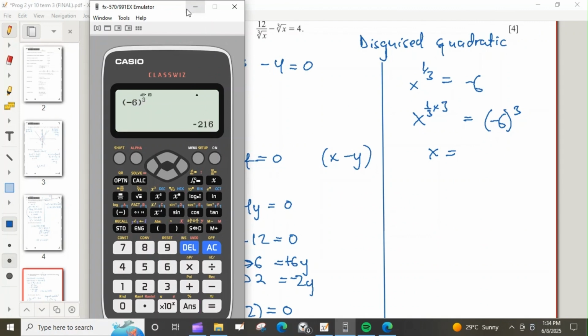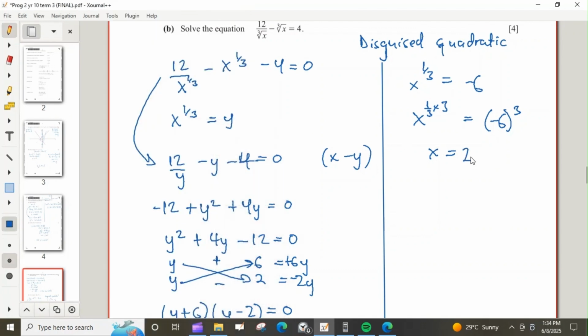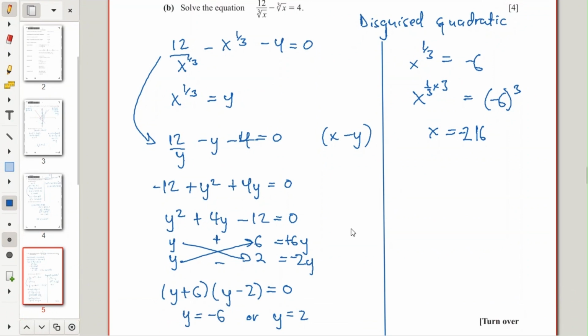Negative 216. Okay, what about when y is equal to 2? So you have x to be 8. Not difficult, not difficult at all.